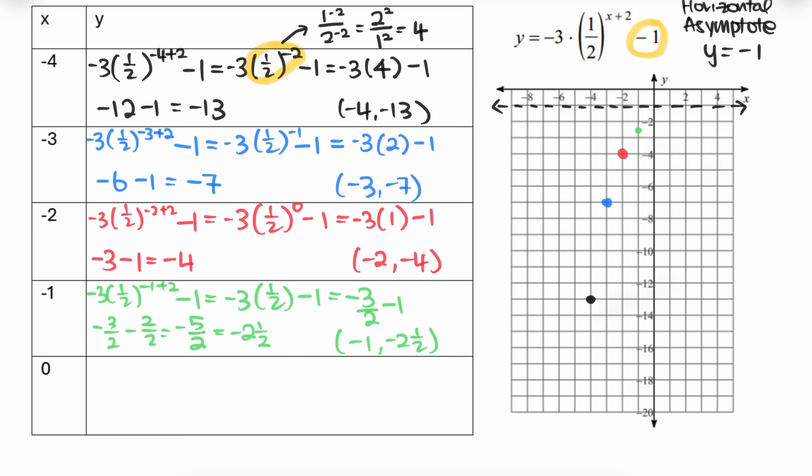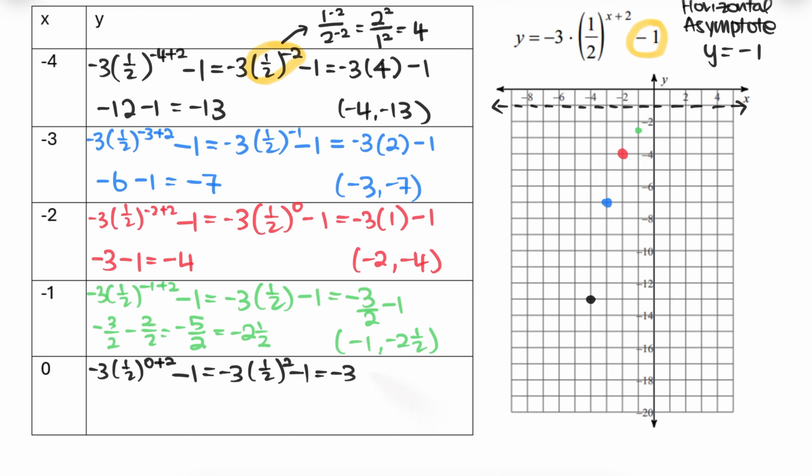Okay, notice how the points are getting closer and closer to the horizontal asymptote. It's going to approach but never cross. Okay, 0, the last one. I'll use the black one again. So we have -3 times 1/2 to the 0 plus 2, minus 1. -3 times 1/2 to the second power minus 1. Again, the 2 is going to be distributed to the 1 and the 2.